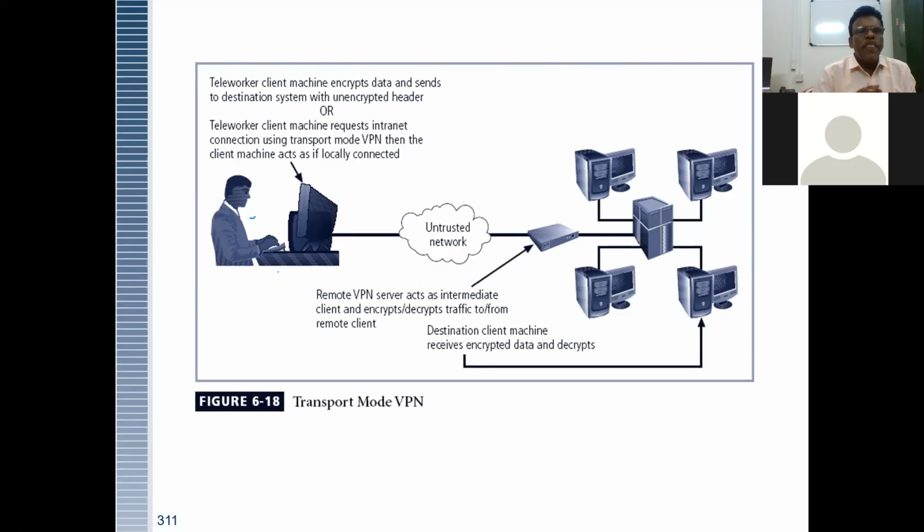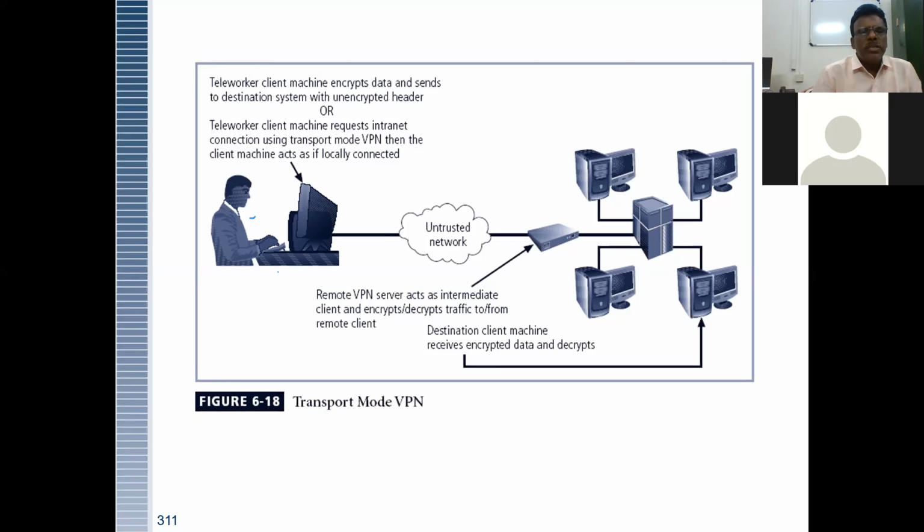Or else you can say the client machine requests an intranet, an internally trusted network, using transport mode VPN, and then the client machine acts as locally connected. That means within the intranet connectivity, from one lab to another lab, software lab 1, software lab 2, you can identify who are all using it, correct? Locally, you can.